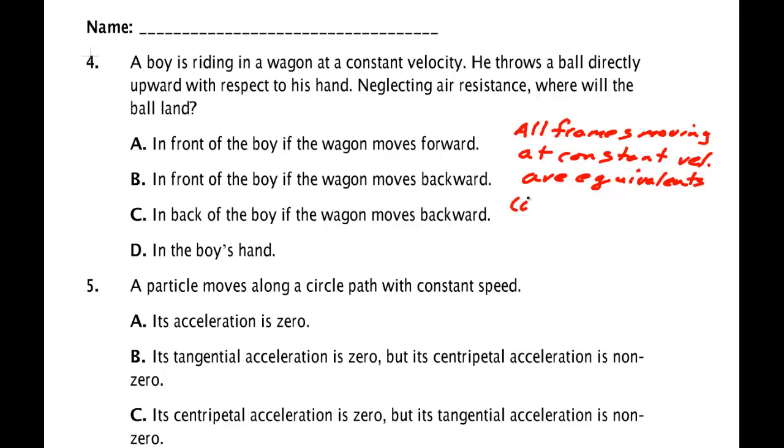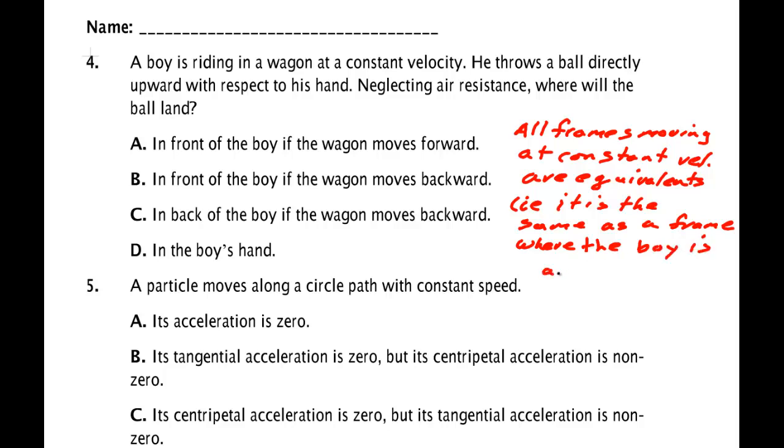Or put in other words, it is the same as a frame where the boy is at rest. So there's no difference between the boy being on a wagon moving at constant velocity and the boy sitting on the ground assuming that it's at rest.